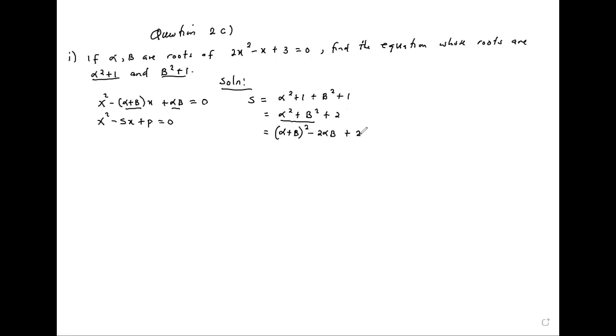Then the product of our roots is alpha squared plus 1 multiplied by beta squared plus 1. That is alpha squared beta squared plus alpha squared plus beta squared plus 1.